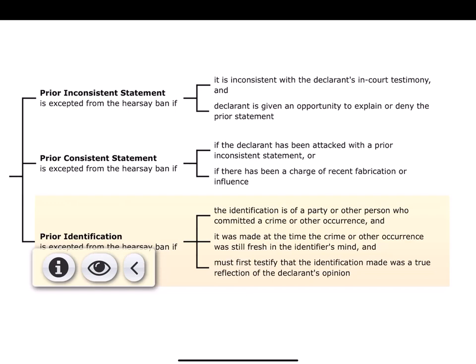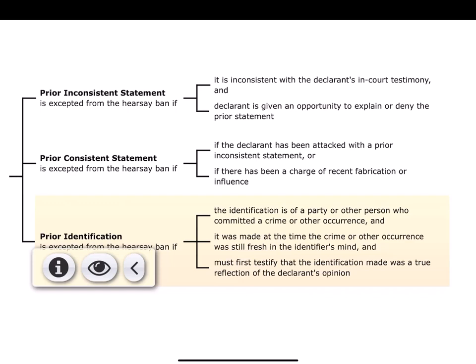So as impeachment, it would be non-hearsay. But it's also a prior inconsistent statement, so you can show that you know the elements of that. Then the prosecution is going to try to rehabilitate using prior consistent statement. That'll work. Prior identification probably won't.